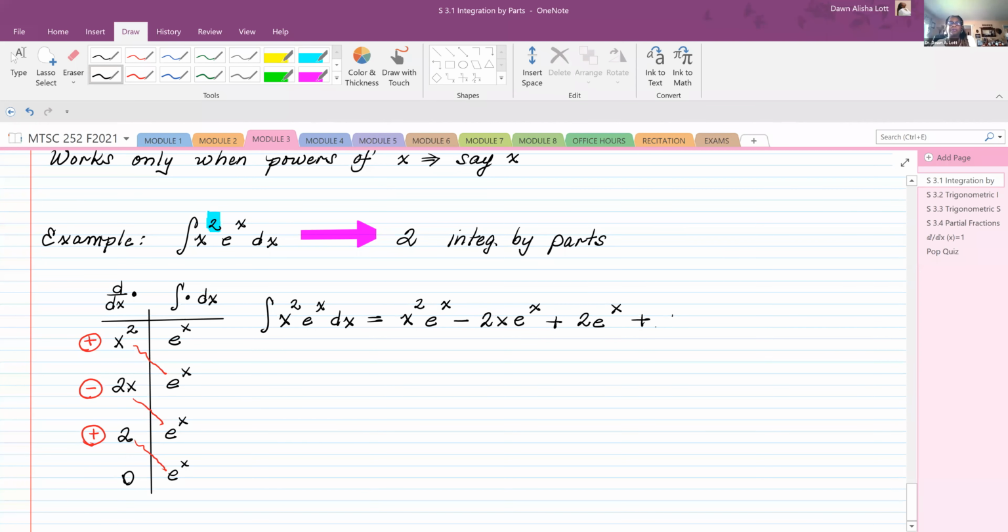So now here's what I can do. I was originally trying to solve for this over here. This was my original guy.